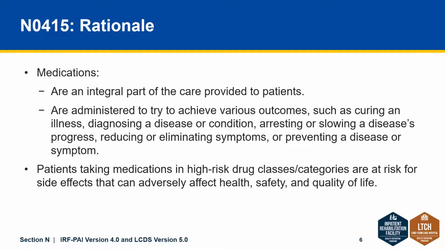They are administered to try to achieve various outcomes, such as those listed here on the slide. However, patients taking medications in high-risk drug classes or categories are at high risk for side effects that can adversely affect their health, safety, and quality of life.